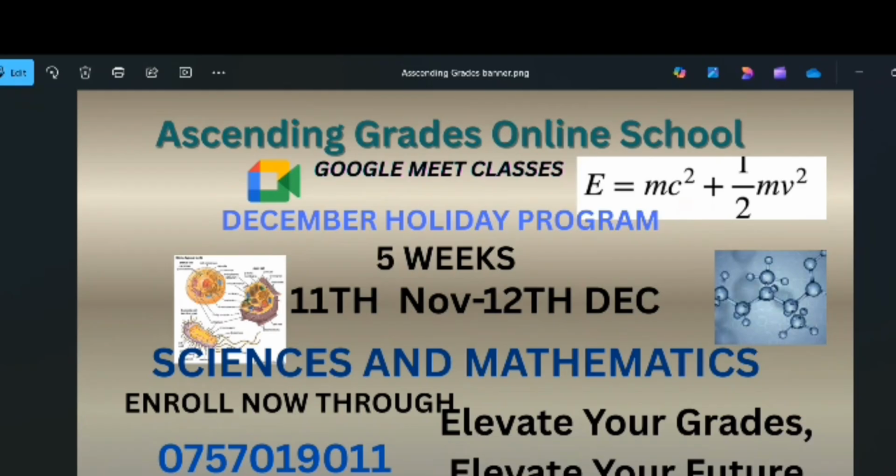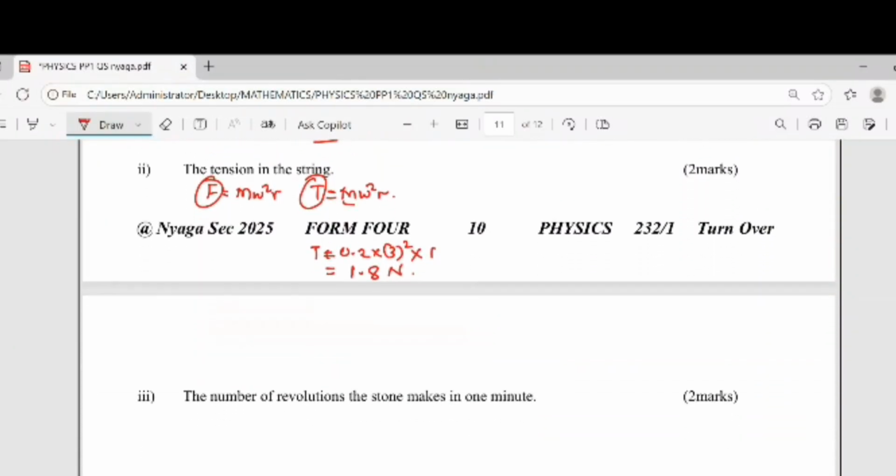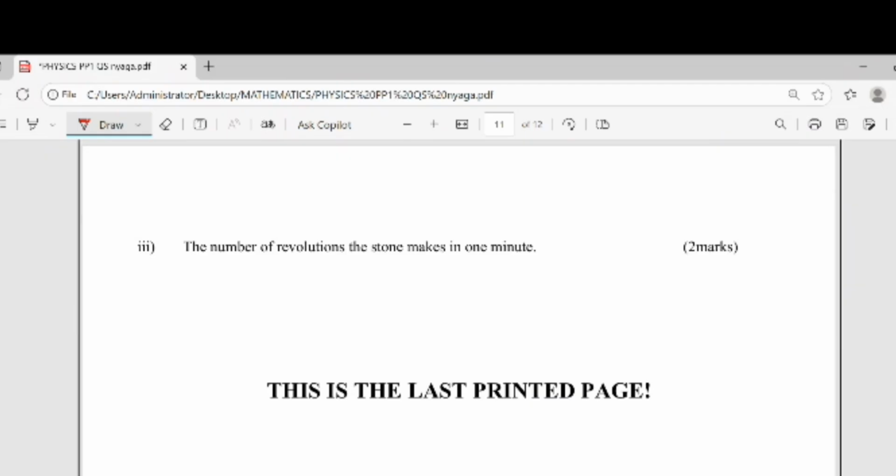So we have the last bit. The number of revolutions it makes in 1 minute.